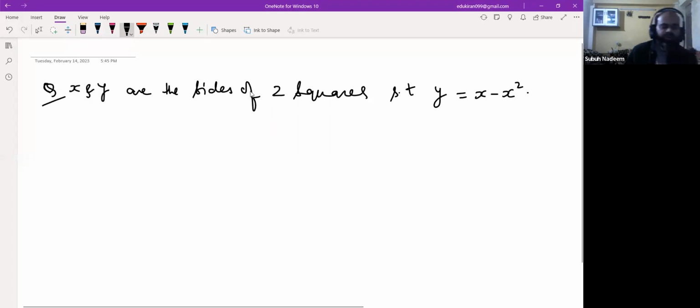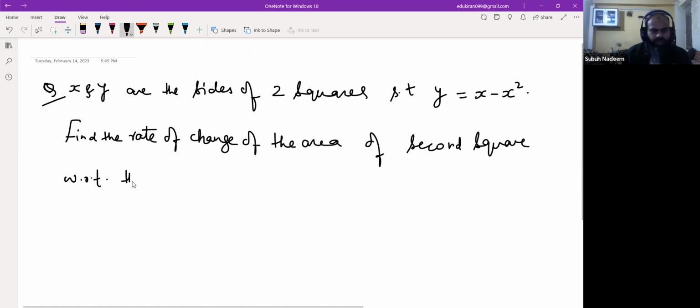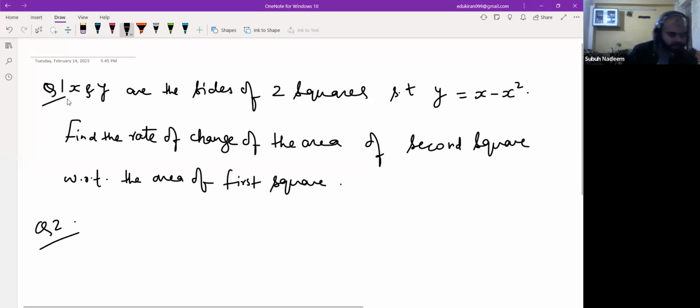Find the rate of change of the area of the second square with respect to the area of the first square. Do this question while I am writing the second question.